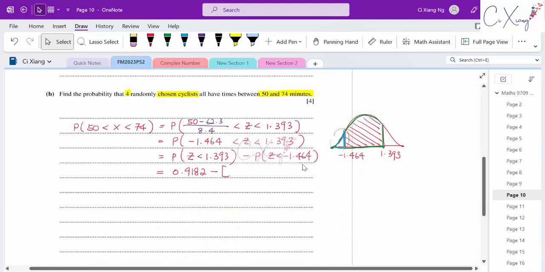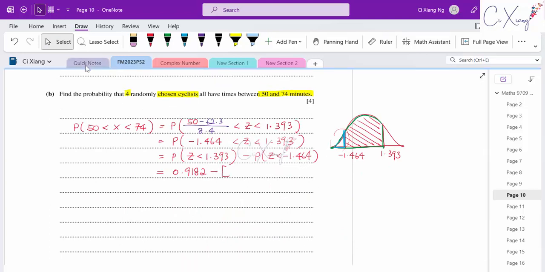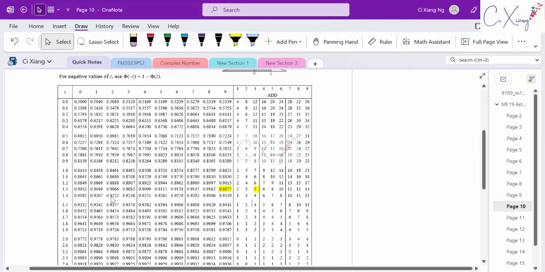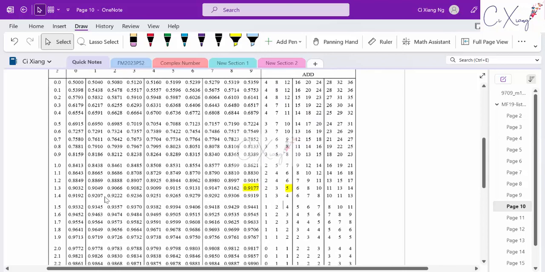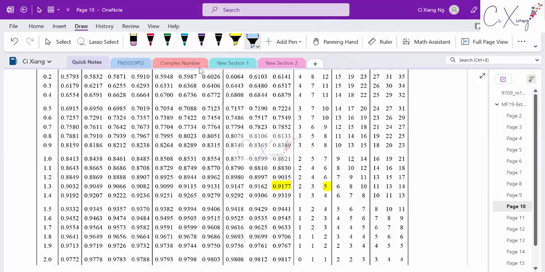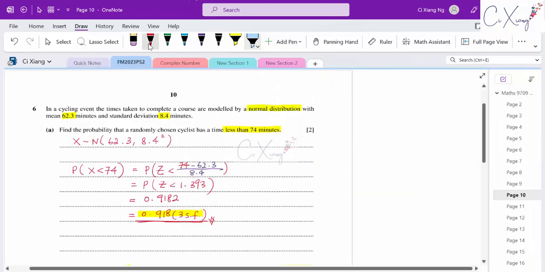For 1.464, if you try to get it from the normal distribution table, let me enlarge it. Okay, so 1.46, it will be this one. Then 4, so that means you have to add the 6 to the last digit of 9279.